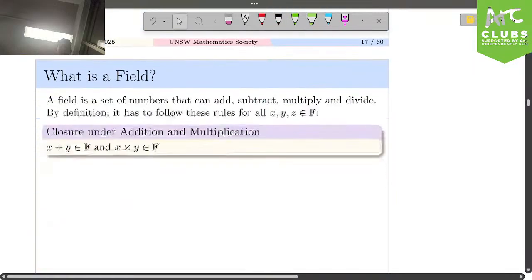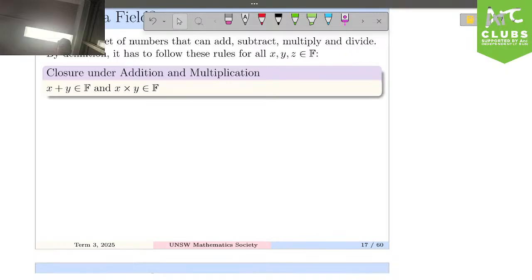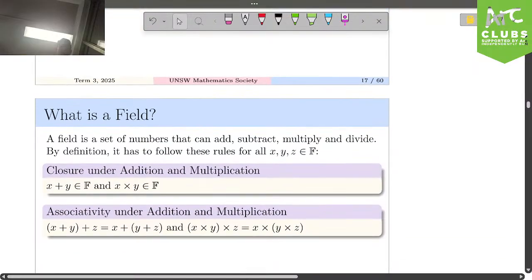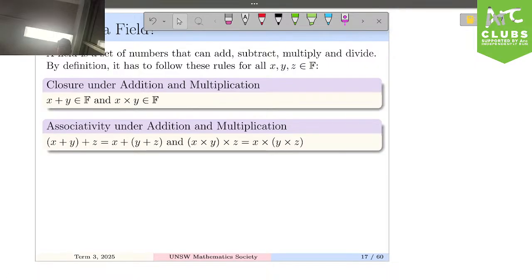There are generally a lot of rules for what a field is. If you have two elements in the field, you can add and multiply them, and you'll still be in the field, so you get a sense of a vector space thing happening. You have associativity, so that means we can change around the brackets with both addition and multiplication.